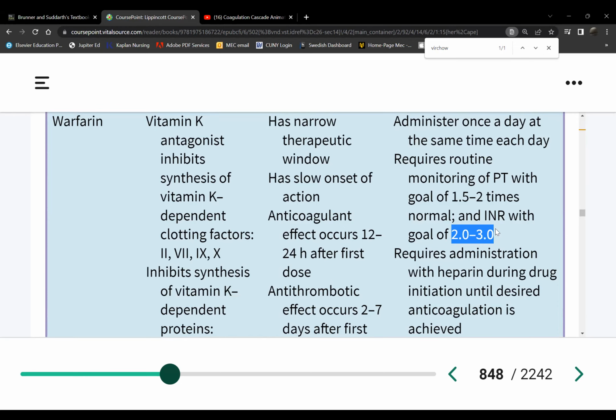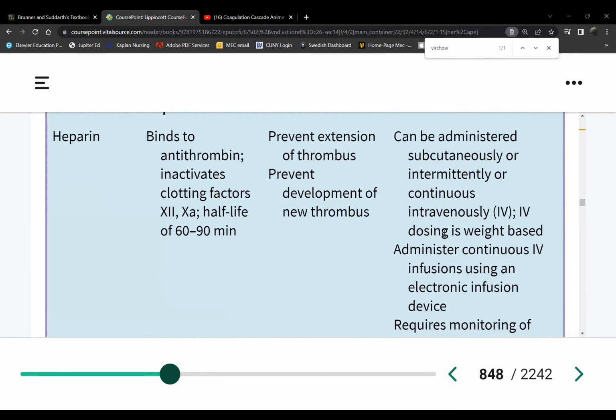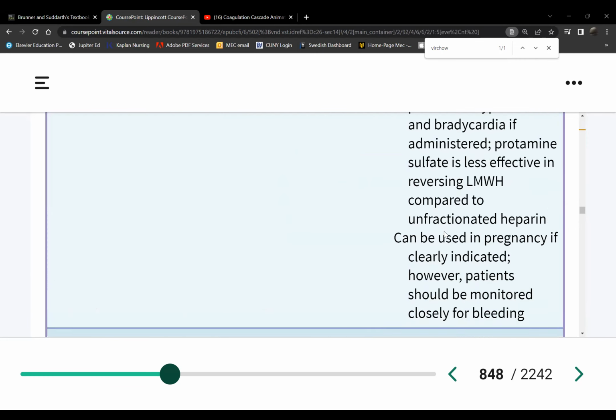We don't know. Until then, we draw PT-INR every day until we reach 2 to 3. So once I hit the goal, what happens to heparin? I don't need heparin anymore. But until then, the patient will continue receiving heparin and warfarin at the same time.